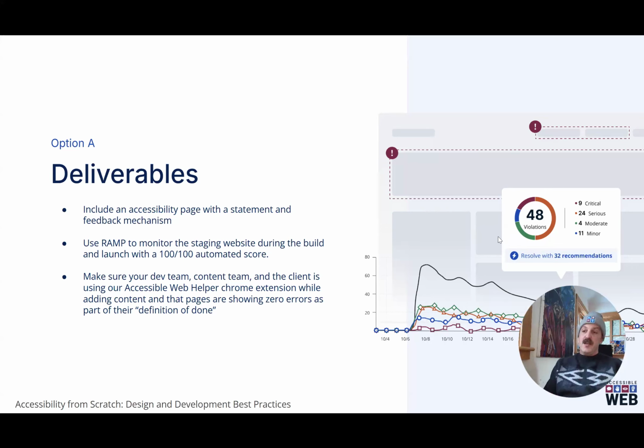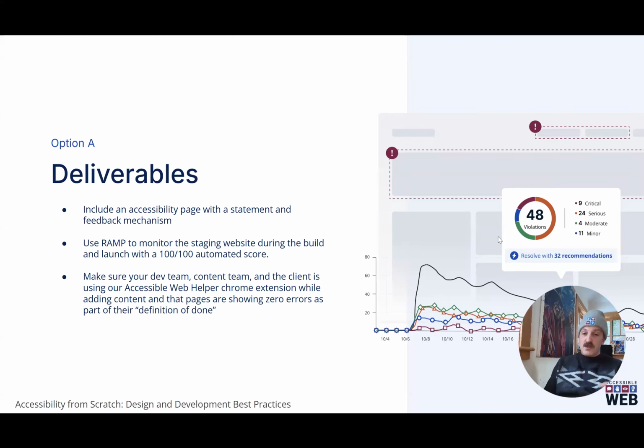And then we'd also recommend using Ramp and our Accessible Web Helper Chrome extension to monitor the website during the build. If you're thinking about accessibility and keeping an eye on things, you get an automated score while you're building. If you work an automated 100 out of 100 score with no errors into your definition of done, you can launch a website that on launch date in Ramp shows a 100 out of 100 automated score, 0 errors, which puts you in a very, very defensible position.